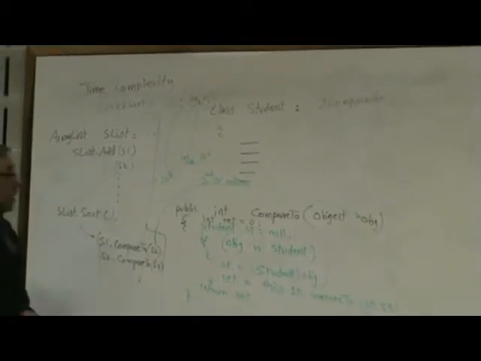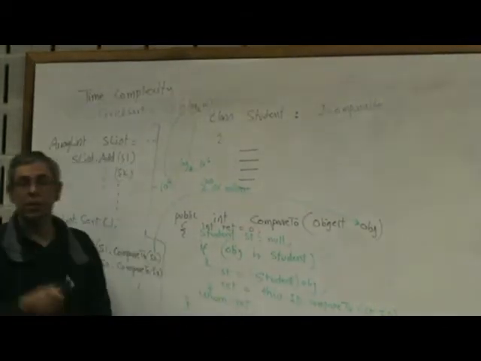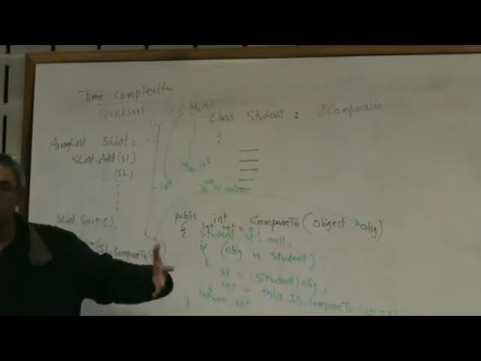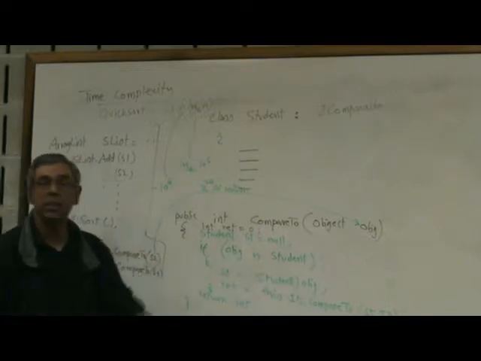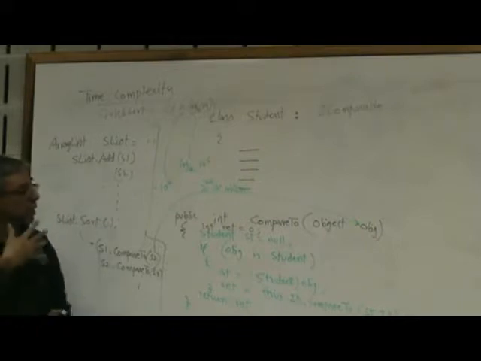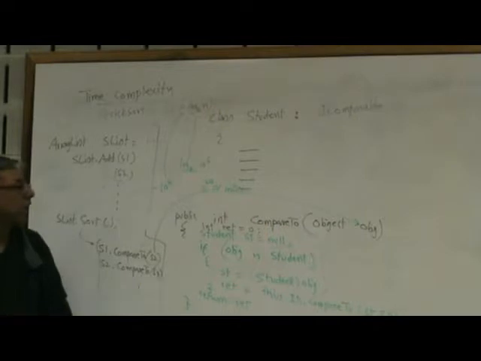So 20 million times, you are starting from the obj reference, you are going to the vtable, you are going to the type info, you are verifying it's a student, then you are typecasting it, right? So now, as you can see, our code will run quite a bit slow because we are repeating these things 20 million times, right?